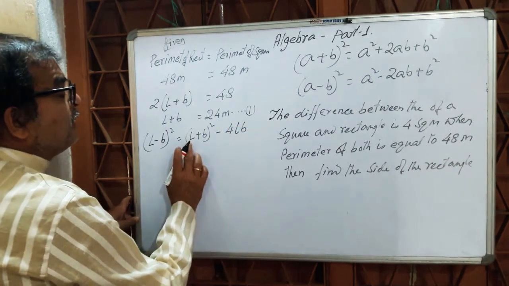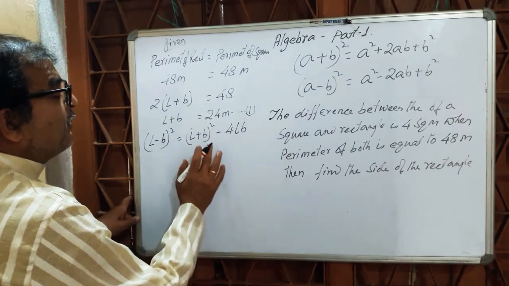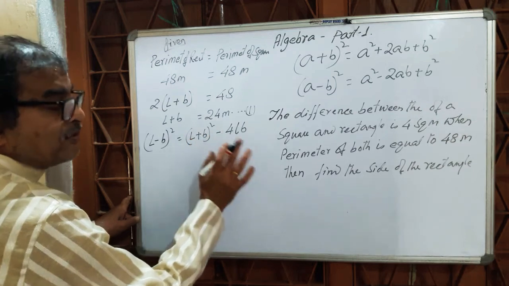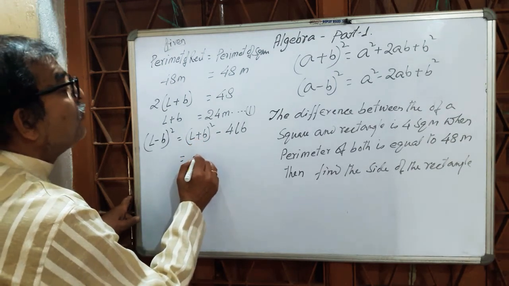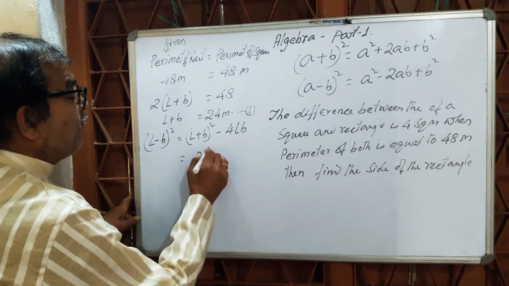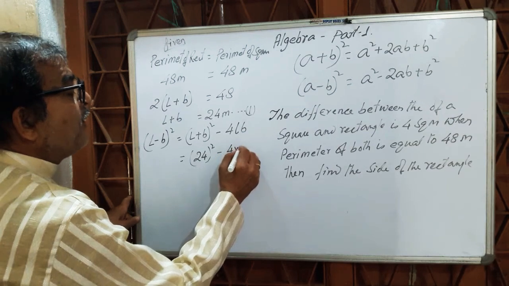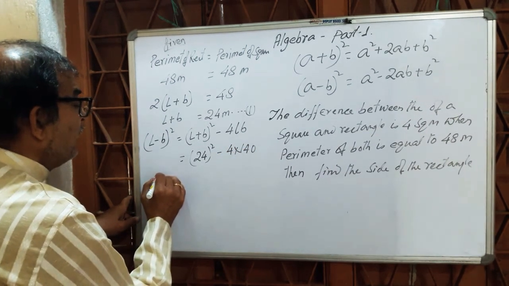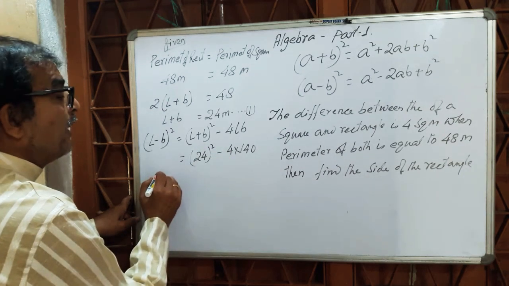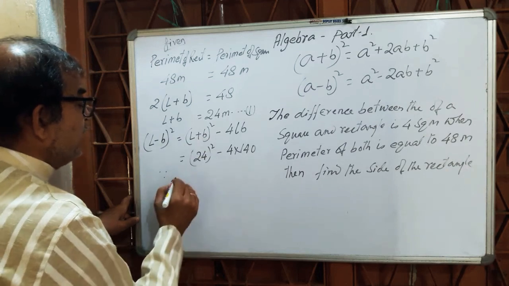See, L square plus B square plus 2LB minus 4LB becomes L square plus B square minus 2LB. Now you put the value of L plus B whole square, that is 24 square minus 4 into 140, because it is given. How did you get the 140? Just see.